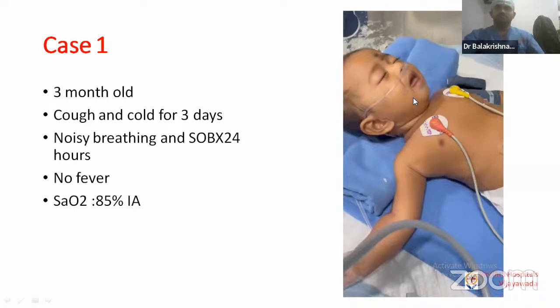So it's a 3-month-old child. As you can see, the child is restless, cough and cold was there, noisy breathing is there, and there is stridor, and there is no fever. Anyone, what is your initial diagnosis when you see such a child in ER as per the age group?